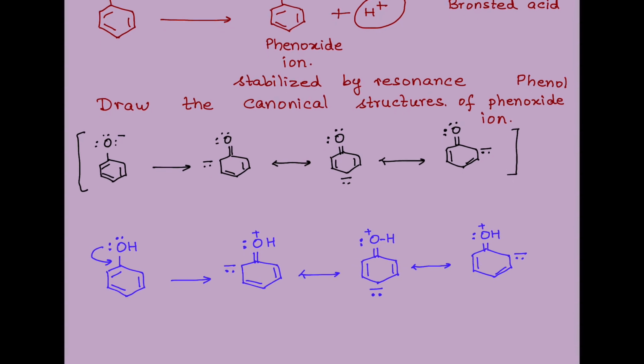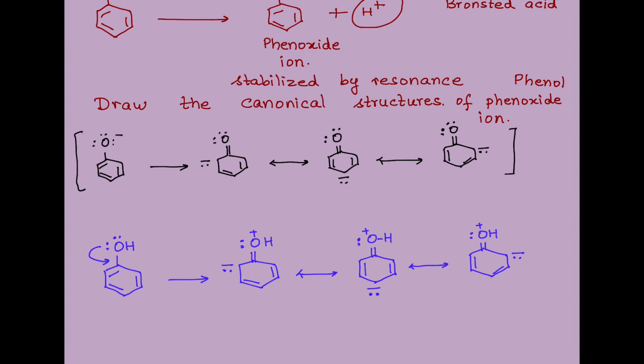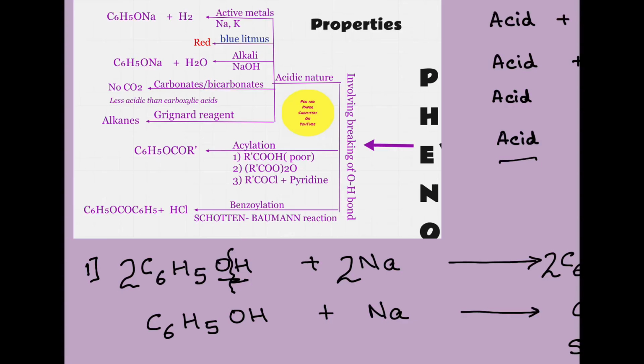In our further videos, we shall also be comparing the acidic character of phenols with carboxylic acids, as to what the difference is, and why carboxylic acids are more acidic than phenols. And we've already discussed why phenols are more acidic than alcohols.